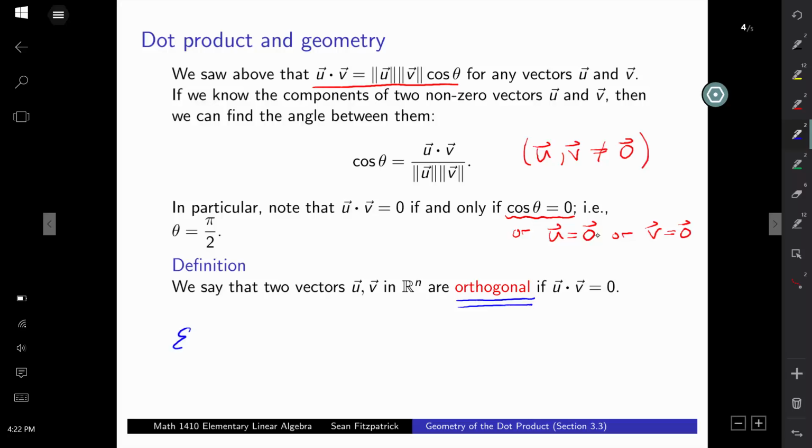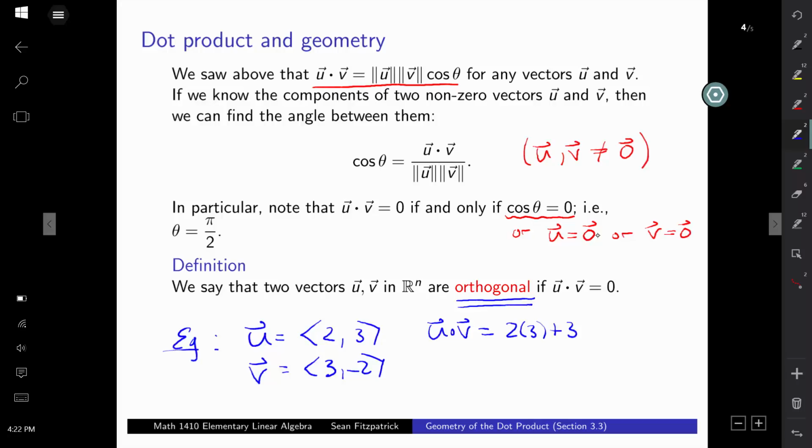So, for example, let's say u is equal to (2, 3) and v is equal to (3, -2). If I calculate the dot product u dot v, I get 2 times 3 plus 3 times minus 2. Well, that's 6 minus 6. That comes out to be 0.